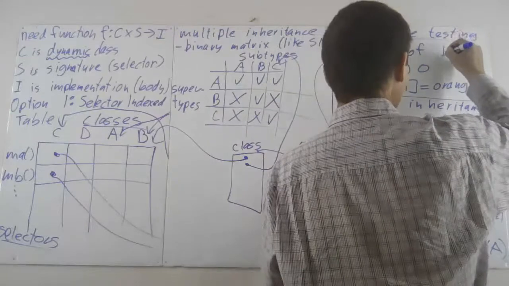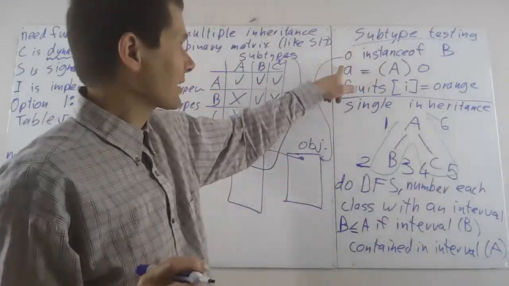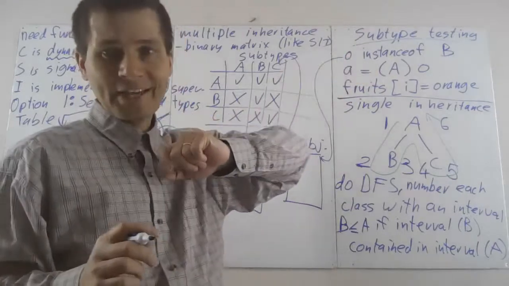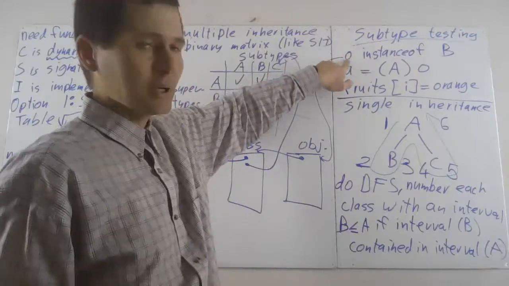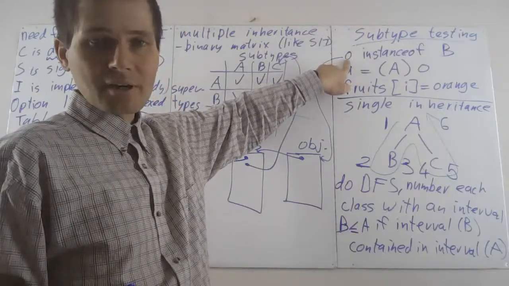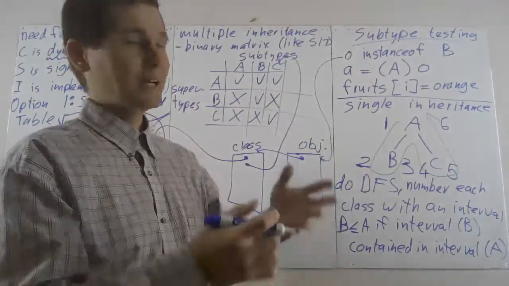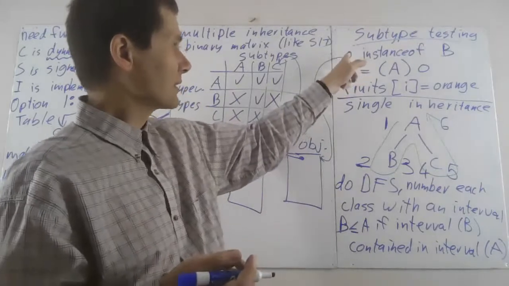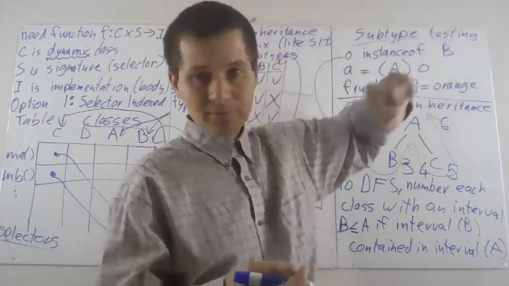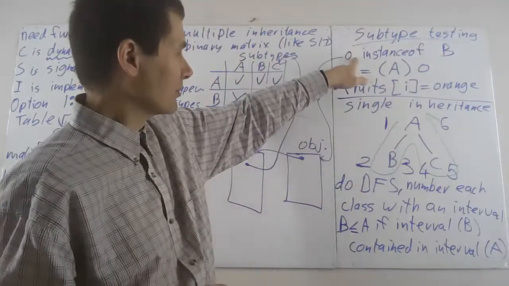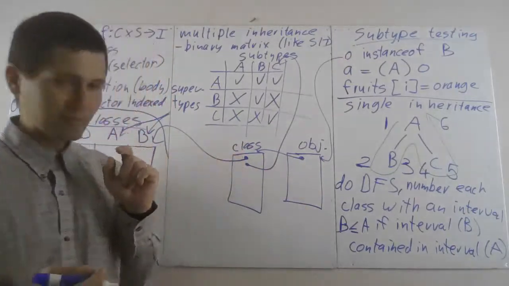So let's say it says instance of B, and let's say the static type of variable O is A. So at compile time, you only know that O's dynamic type is either A or some subclass of A. And at compile time, you don't know whether the actual object is actually a subtype of B. You will only know that by going to the object and going to its class information.